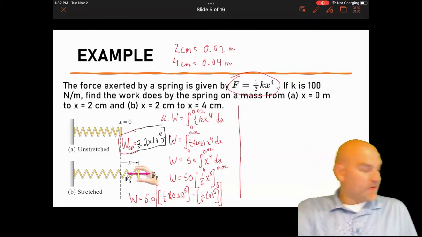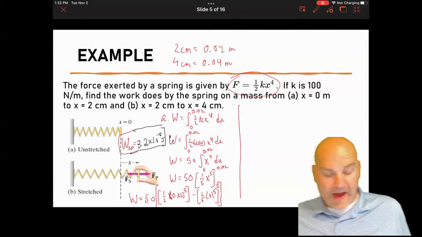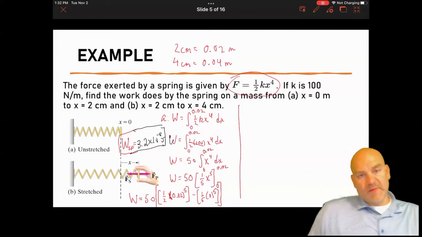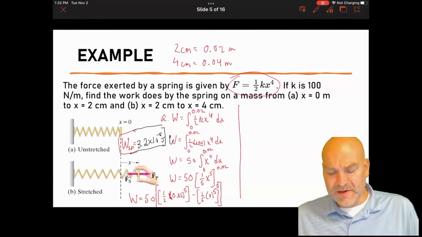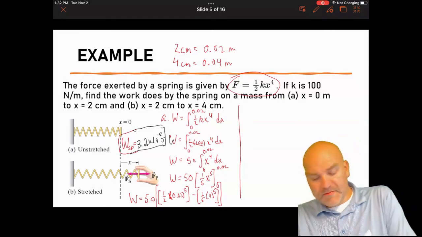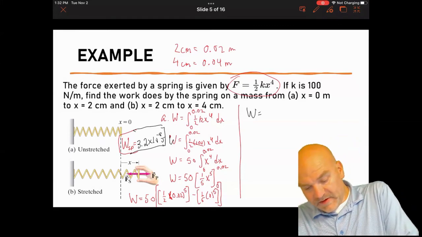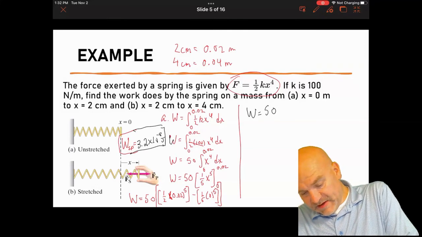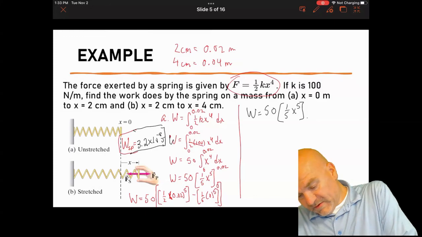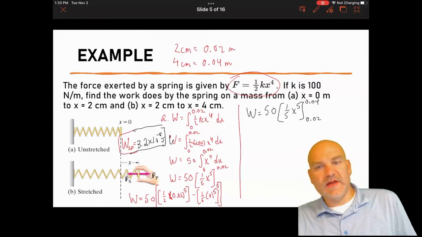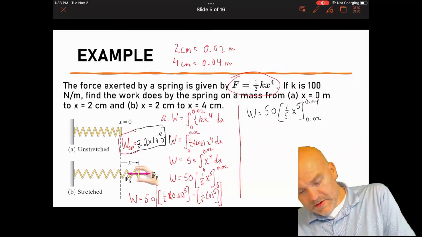Now we go over to the other side. What happens when it goes from 2 to 4 centimeters? Note it's the same displacement of 2 centimeters, but watch what happens. The calculus is going to be the same, so I'm just going to substitute in now the 0.04.